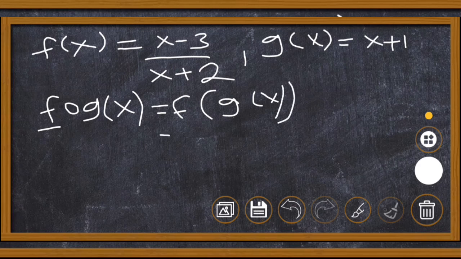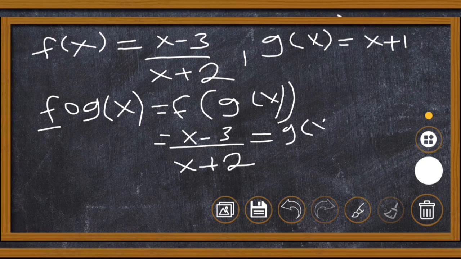So in this case, the function of f we have is x minus 3 over, down there we have x plus 2. So whenever there is x, we are replacing with the function of g, so g of x minus 3 over g of x plus 2.